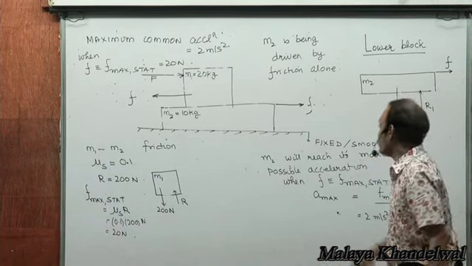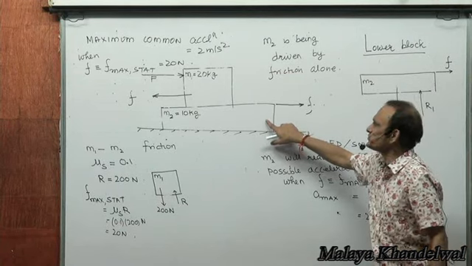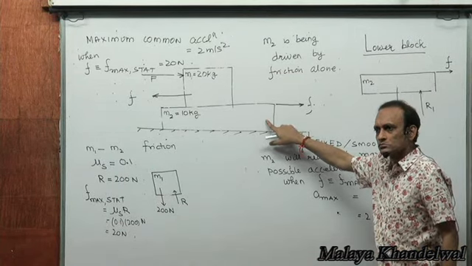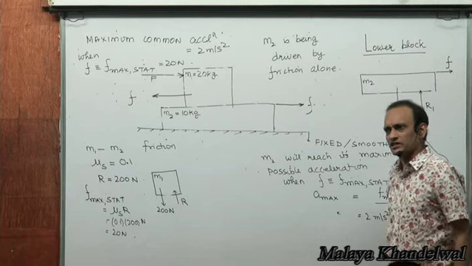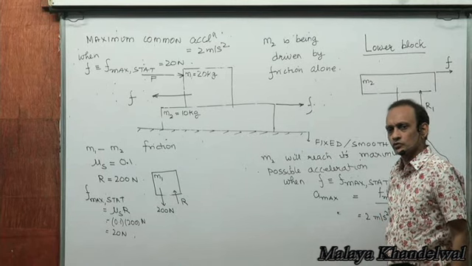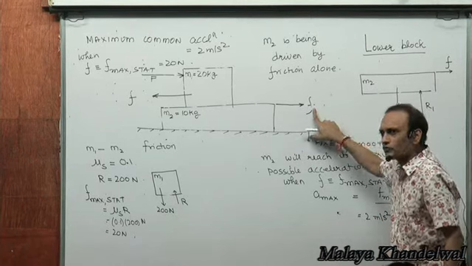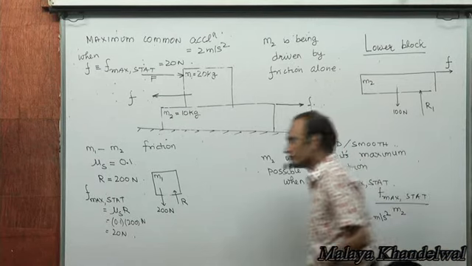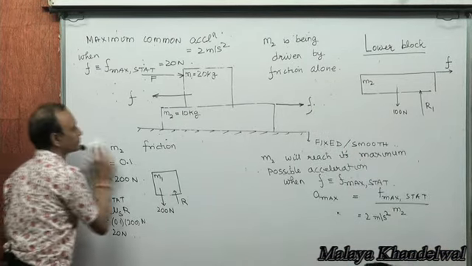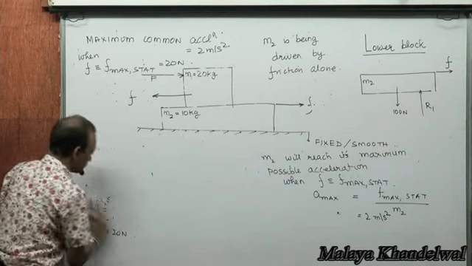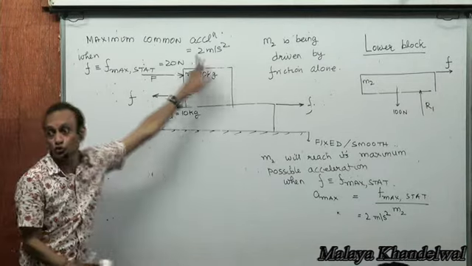Now, if the acceleration of the lower block is less than 2 meters per second squared, then the frictional force on the lower block will be less than maximum static friction. Yes or no? So, maximum common acceleration is 2 meters per second squared.